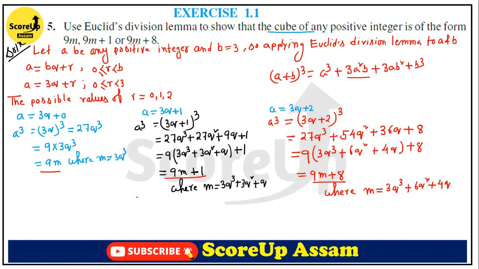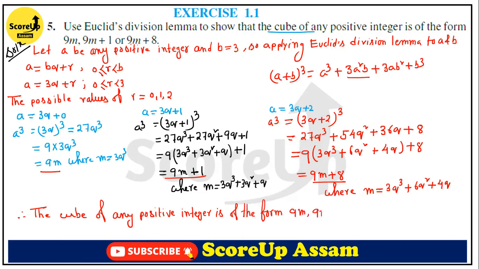We can say that therefore the cube of any positive integer is of the form 9m plus 1 or 9m plus 8. Okay, and shown.